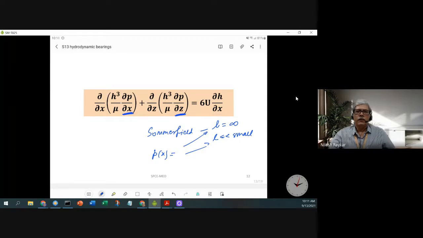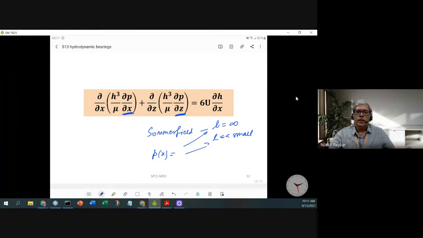We'll have reasonably long bearings. For that, an analytical solution to this equation could not be found until about the 1940s, when using numerical methods, a solution was found.